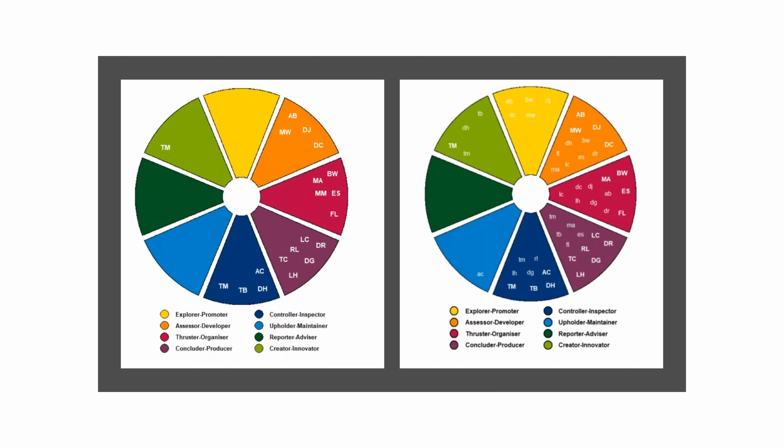What you can see there on the left-hand side is that the wheel depicts where everyone's first preference is around how they like to operate in a team. So you can see that the focus is on the right-hand side of the wheel around the assessing and the developing and the producing.